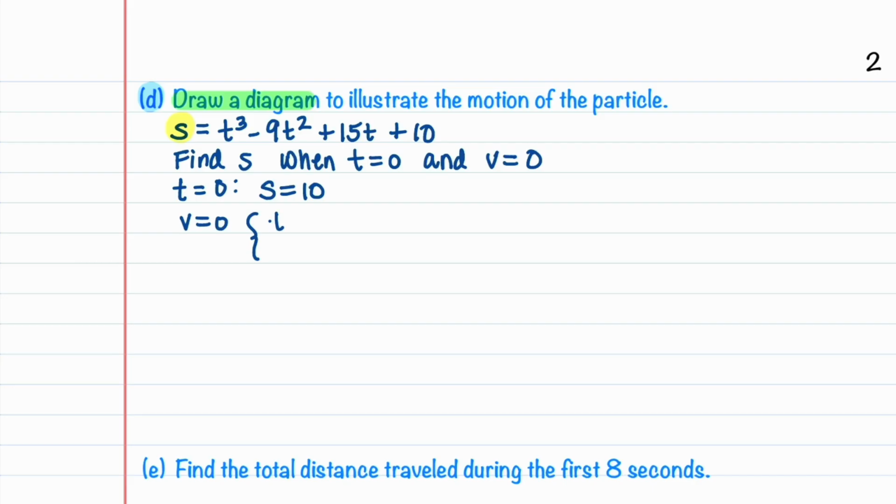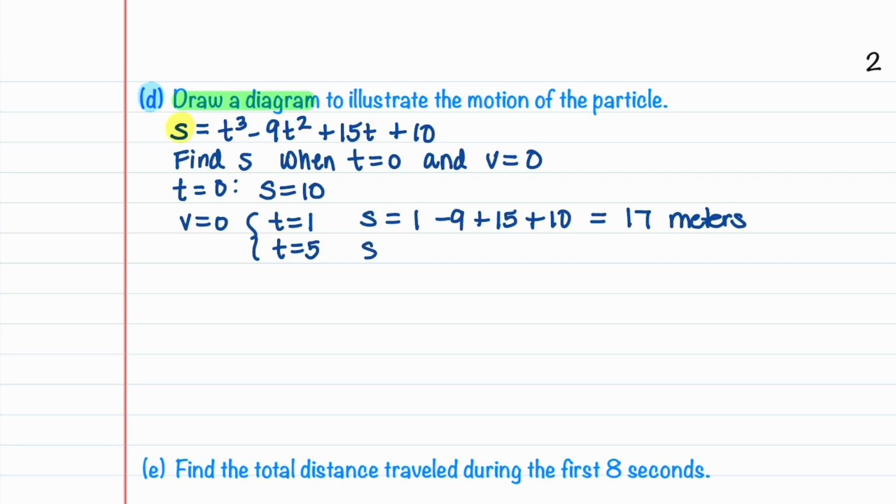This is going to happen when t is equal to 1 and when t is equal to 5. When t is equal to 1, our position function is 1 minus 9 plus 15 plus 10, just plugging in for t. And this gives us 17, and we need to put units on this. Our position is in terms of meters, so I'm going to write down 17 meters.